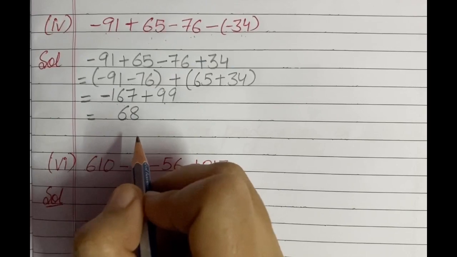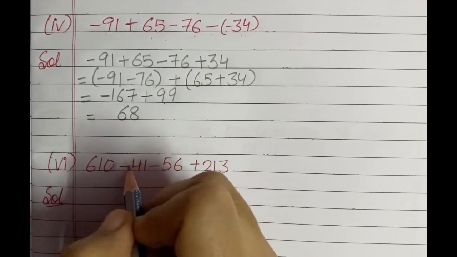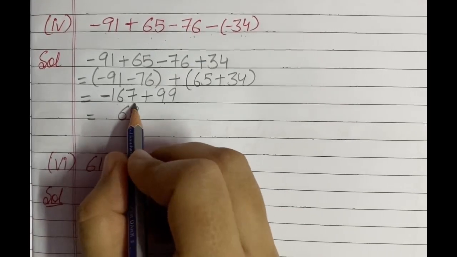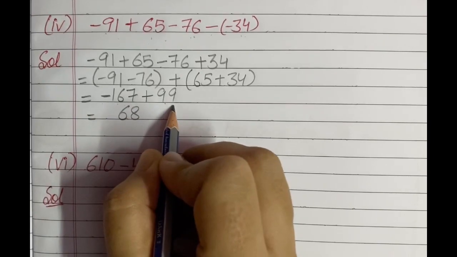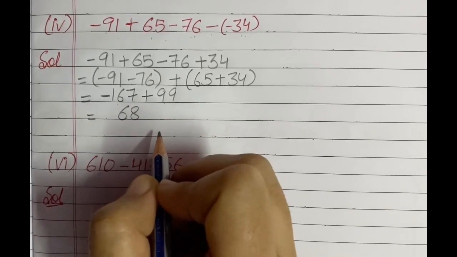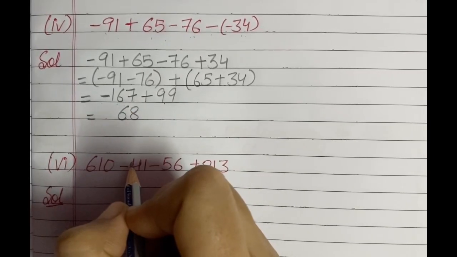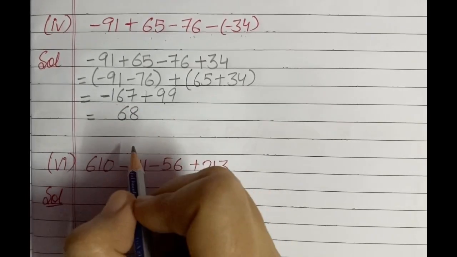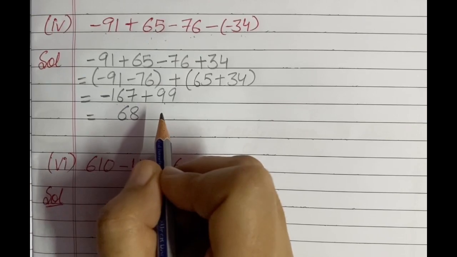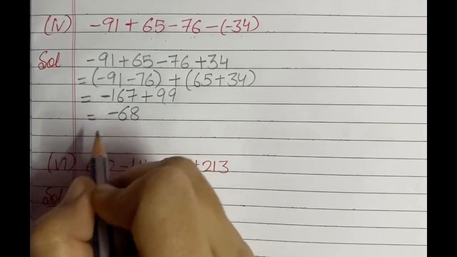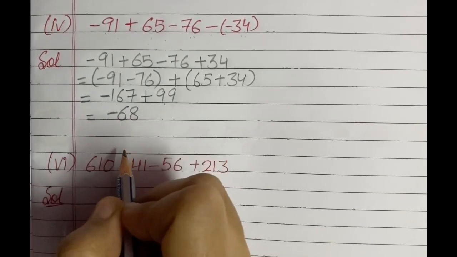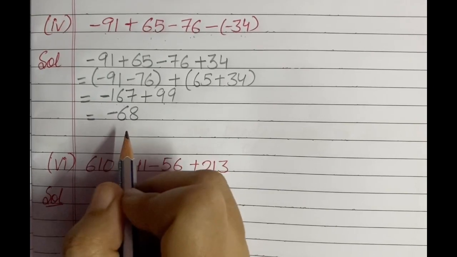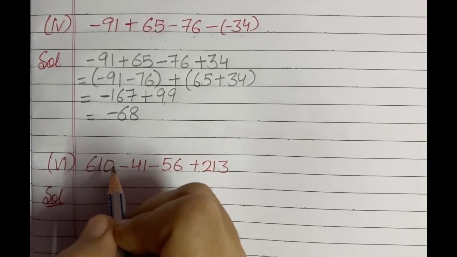In this case, we have to take the sign of the greater number, and out of 167 and 99, which one is greater? The greater one is 167, and here 167 is negative. So in the final answer we have to take negative sign. So minus 68 is the answer. Hopefully fourth part is also clear to you.